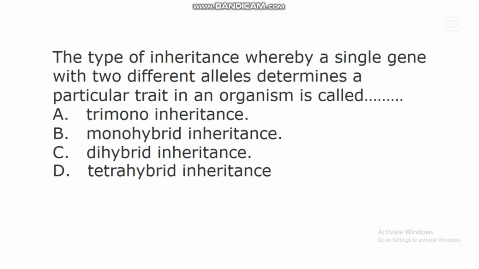D. Tetrahybrid inheritance. In this question, the correct answer is B. Monohybrid inheritance. Monohybrid inheritance is the type of heredity whereby a single gene with two different versions known as alleles determines a particular trait in an organism.